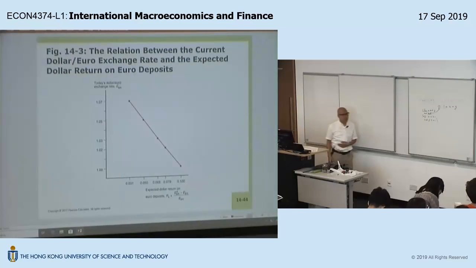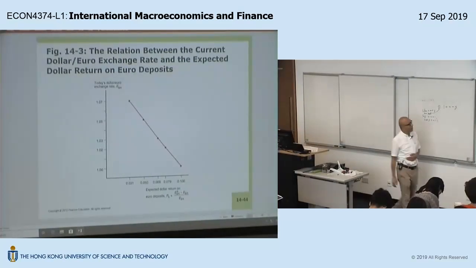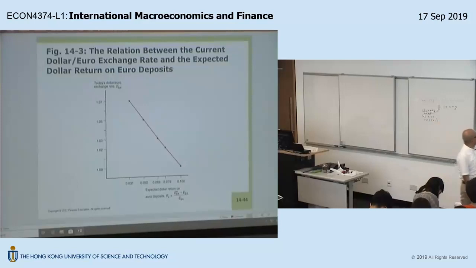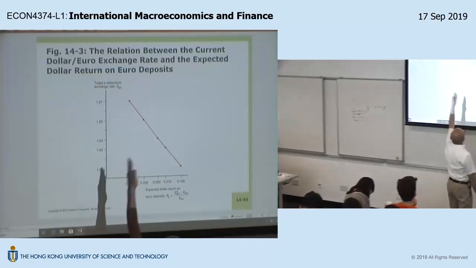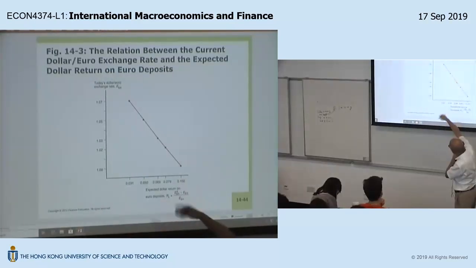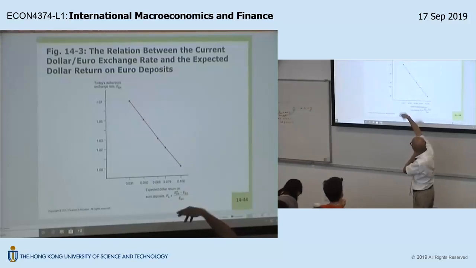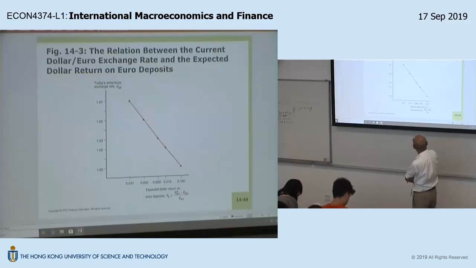So this is exactly the diagram here. It's plotting the spot exchange rate on the vertical axis against the expected dollar rate of return on euro deposit on the horizontal axis.